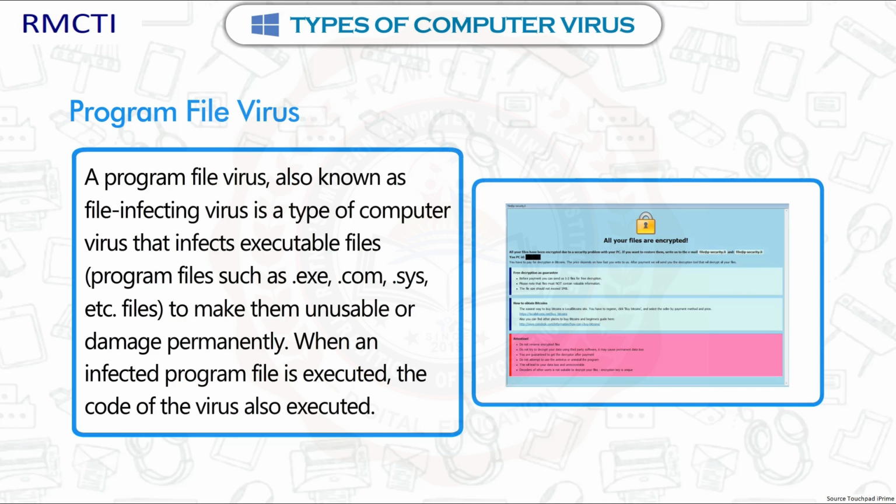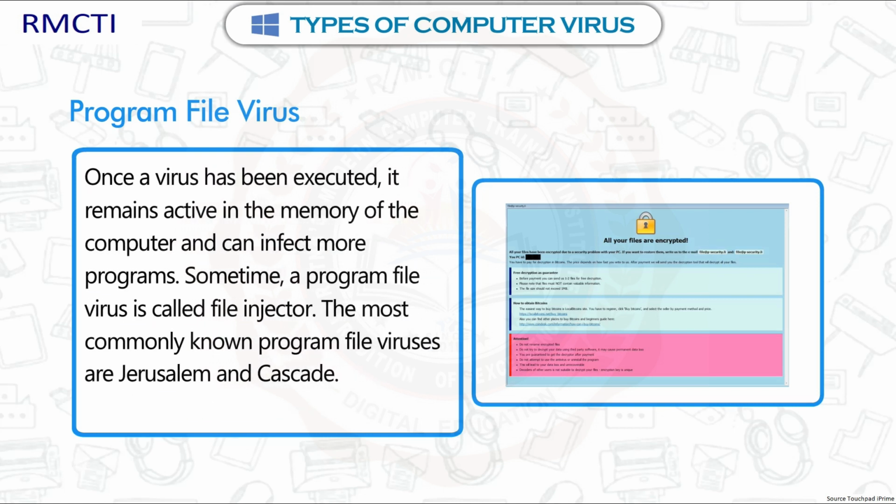When an infected program file is executed, the code of the virus is also executed. Once a virus has been executed, it remains active in the memory of the computer and can infect more programs. Sometimes a program file virus is called a file injector. The most commonly known program file viruses are Jerusalem and Cascade.